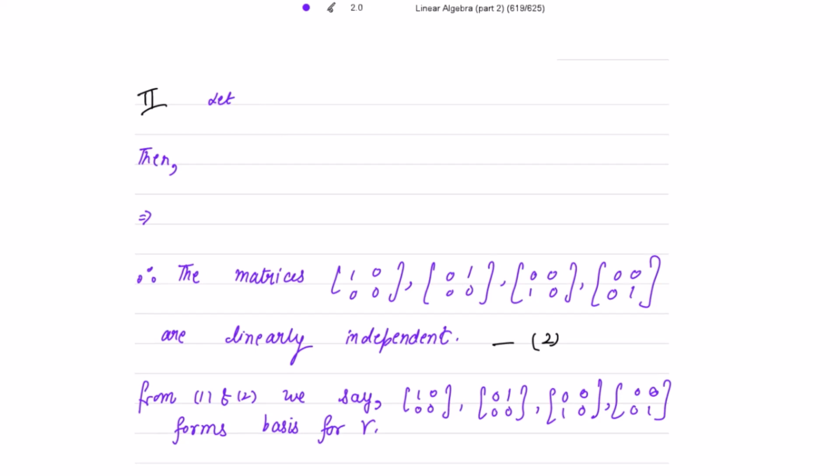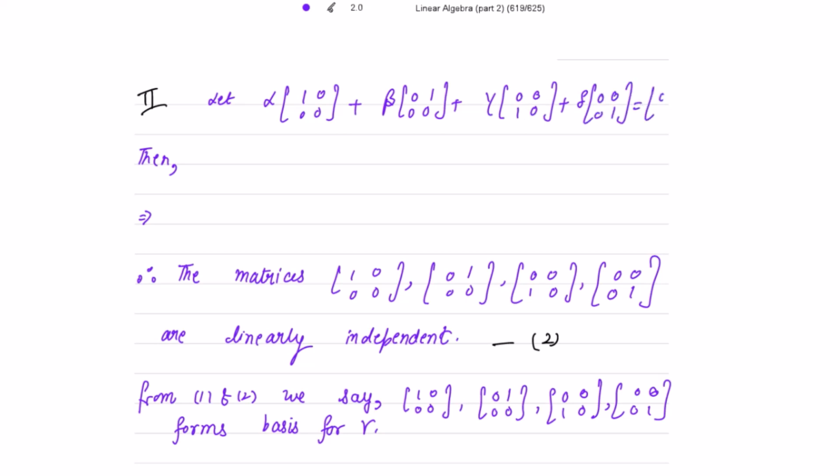Whether all the scalars are coming out to be 0 or not. Let me take my scalars to be alpha, beta, gamma, delta. So alpha (1, 0, 0, 0) plus beta (0, 1, 0, 0) plus gamma (0, 0, 1, 0) plus delta (0, 0, 0, 1) equal to (0, 0, 0, 0).